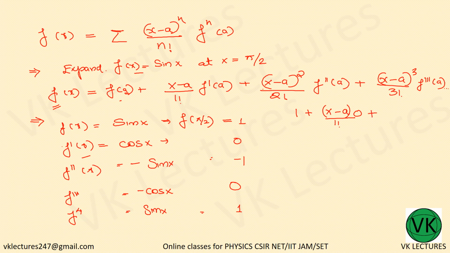So now the second term, (x minus a) whole squared by 2 factorial into minus 1.